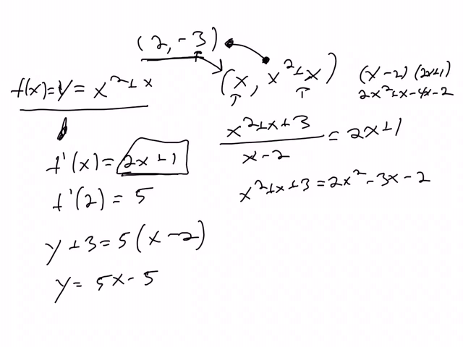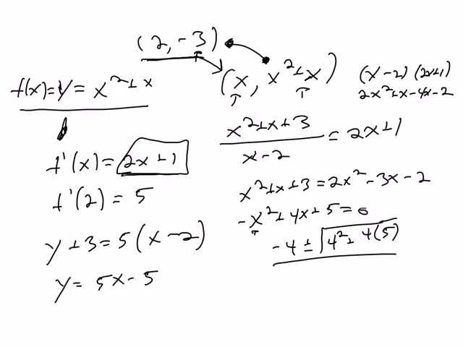So negative x squared and positive 3x, so plus 4x plus 5 is equal to 0, or in other words, x equals negative 4 plus or minus the square root of 4 squared plus 4 times 5, over negative 2.